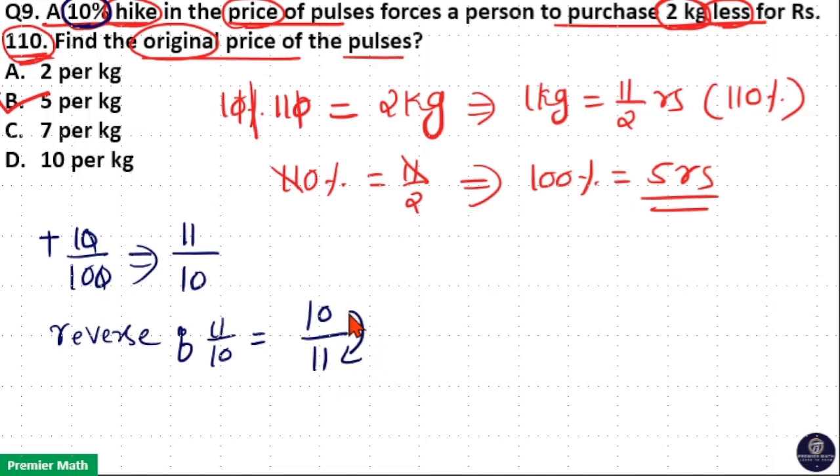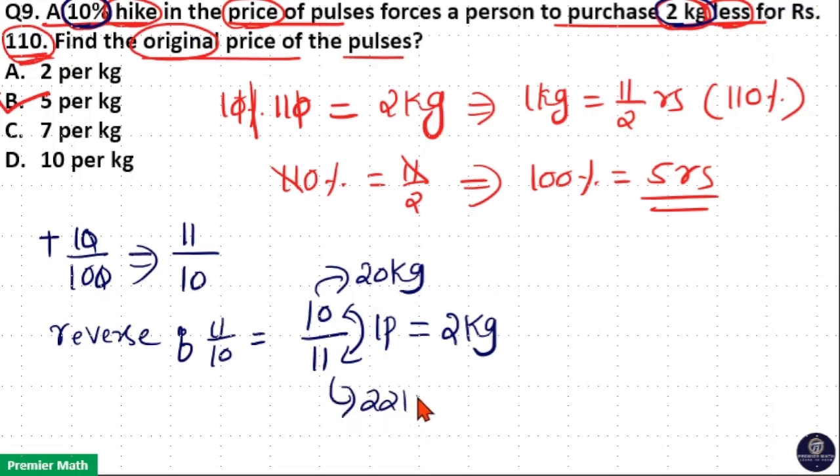Here difference between 10 part and 11 part is equal to 1 part. Now the quantity difference in question is 2 kg. So 1 part is equal to 2 kg. If 1 part is 2 kg, 10 part is 20 kg and 11 part is 22 kg. Now here we need to find out the original price.